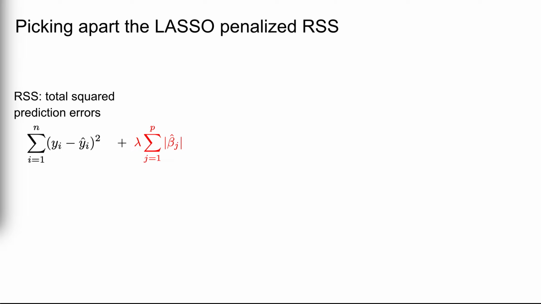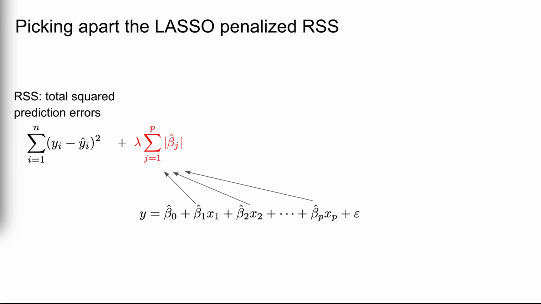The first is just the unpenalized RSS as used by least squares, which measures the model's total squared prediction errors. The second is the penalty term in red. This penalty term adds up the absolute values of the beta hat coefficient estimates for our p predictors. Thus, it captures the total size of the p predictor coefficients.